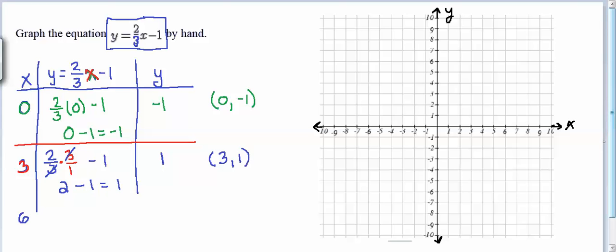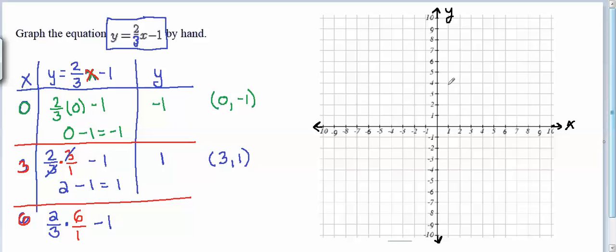All right, and let's do our last ordered pair here. Now we have x equals 6. So again, I'm going to go back to that first equation. Starts with a 2/3. 2/3 times 6, but I want to write the 6 as a fraction. I'm going to write it as 6 over 1. And then that minus 1.